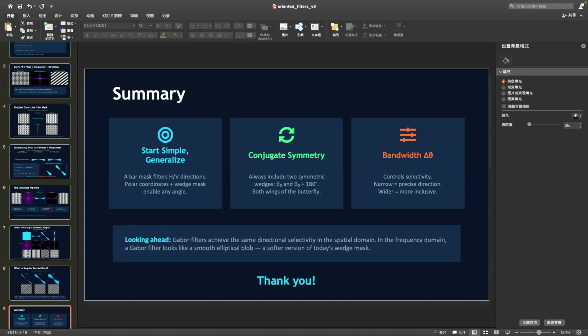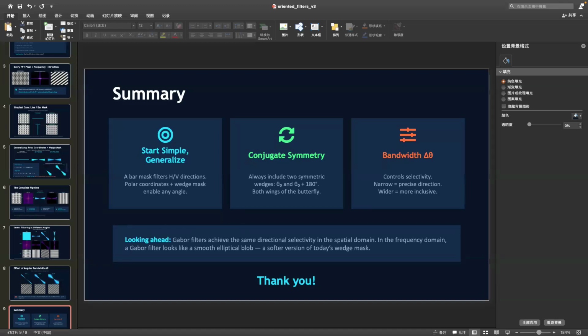Second, always include two symmetric wedges because of conjugate symmetry. Third, the bandwidth delta theta controls selectivity. Narrow for precision, wide for more inclusive filtering.